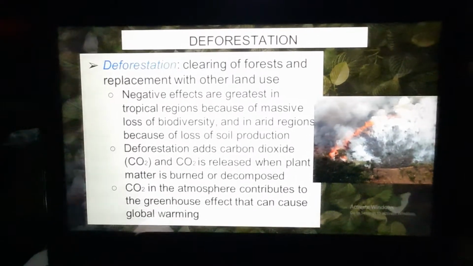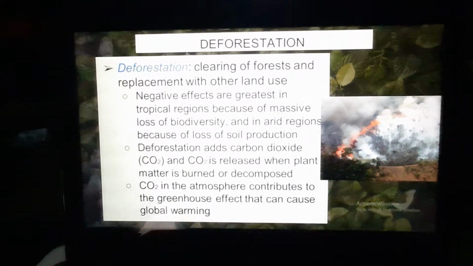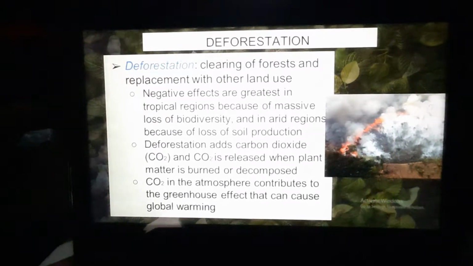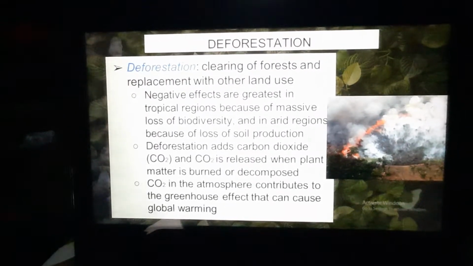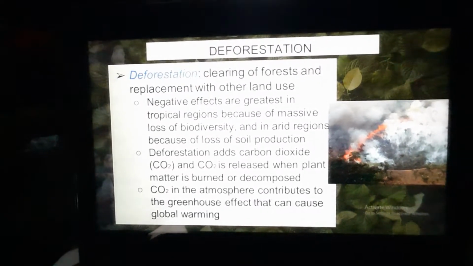So there are different reasons. The negative effects are greatest in the tropical regions because of the loss of biodiversity.